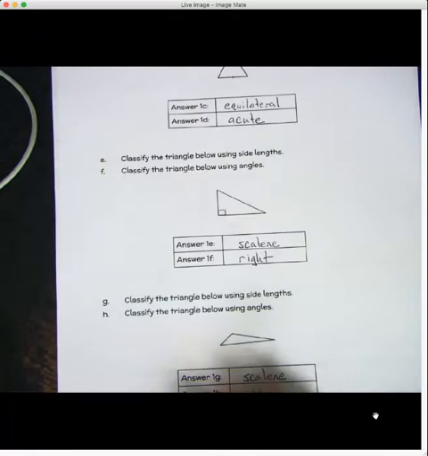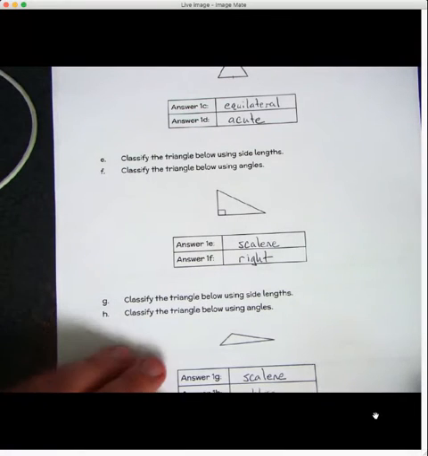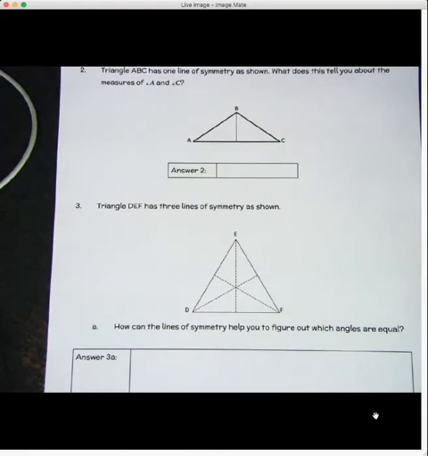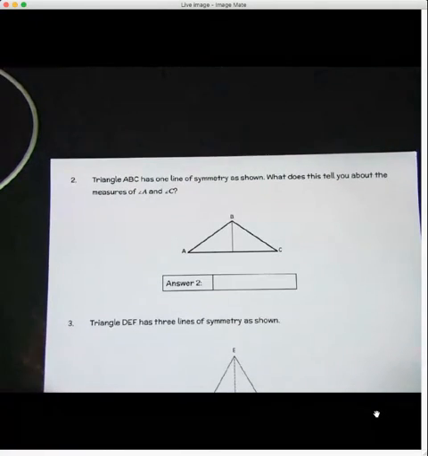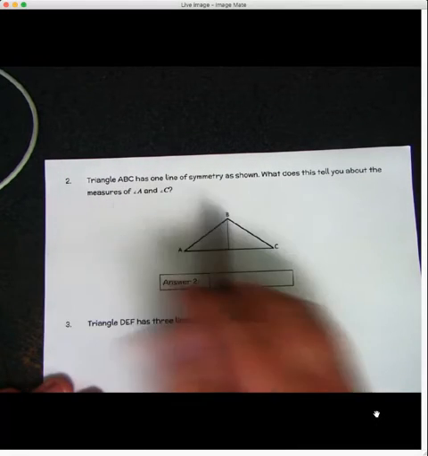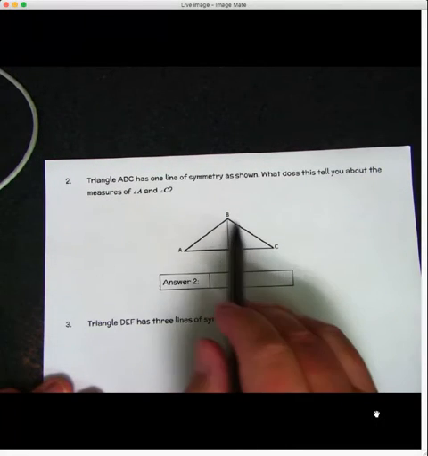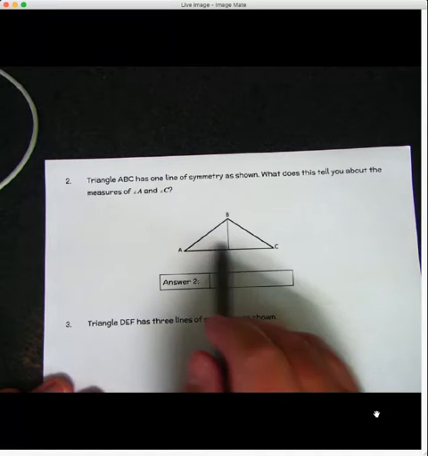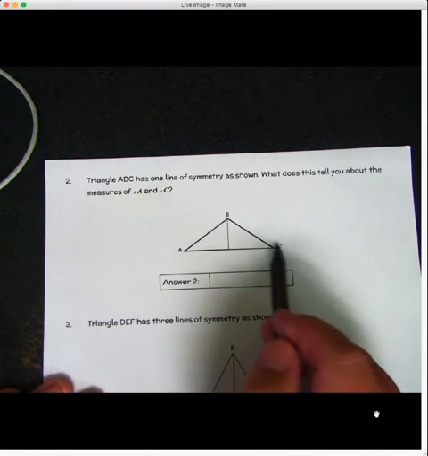All right, we've got one more little page here, to go a little bit deeper thinking about the shapes of these triangles. Let's look at some lines of symmetry and see what that tells us about the angles. Triangle ABC has one line of symmetry as shown. What does this tell you about the measure of angles A and C?